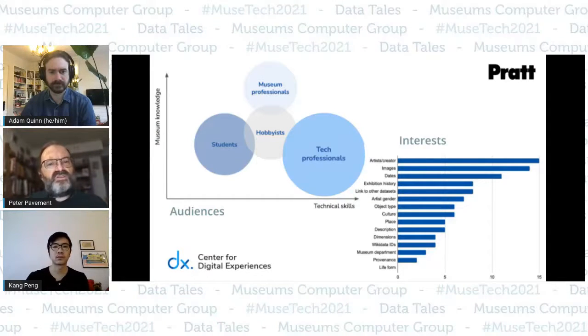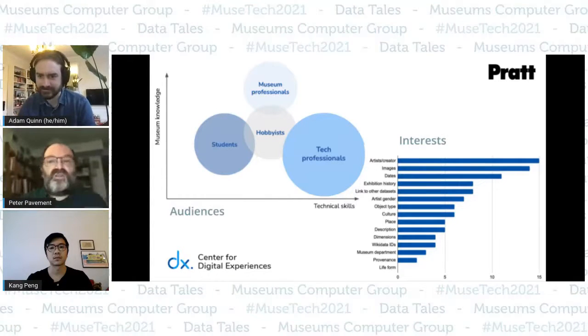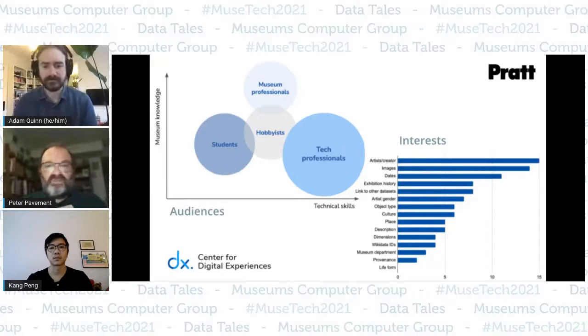And bottom right, you can see their areas of interest, what they wanted to query from museum collections. And always interesting to see that they're looking for people. Artists and creators are definitely the top of the stack there. But also you can see images and dates and so on. And exhibition history is something that we often neglect as we put together data sets for the sector. Next slide, please.